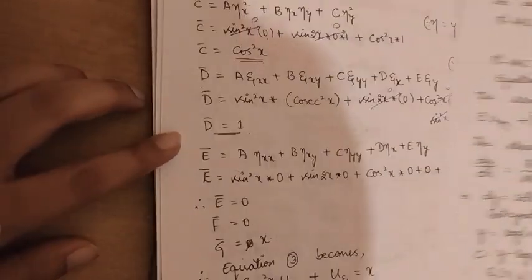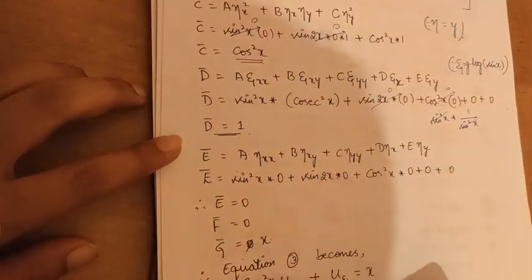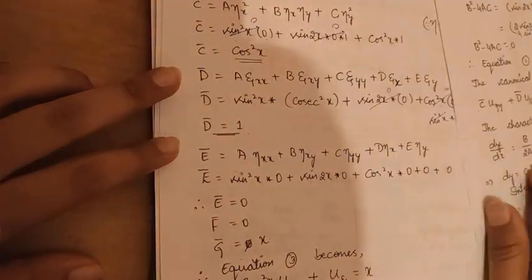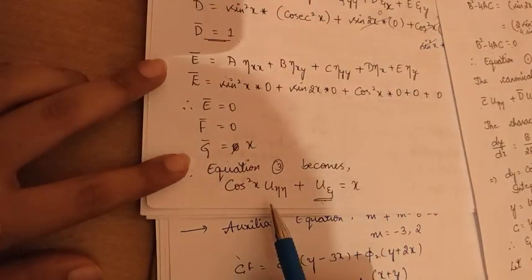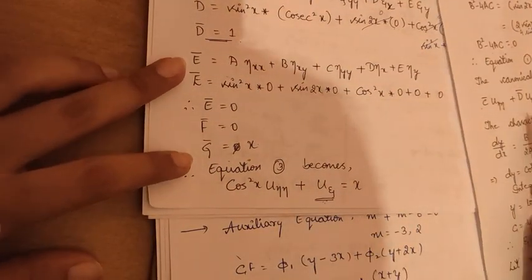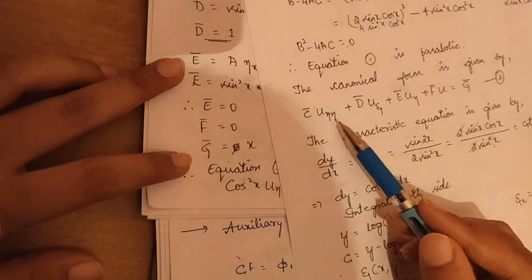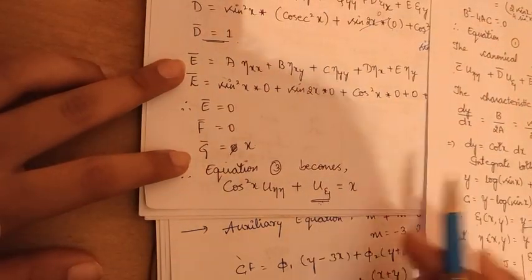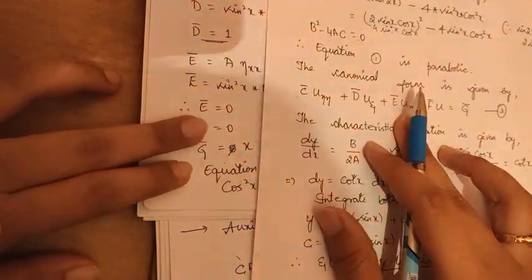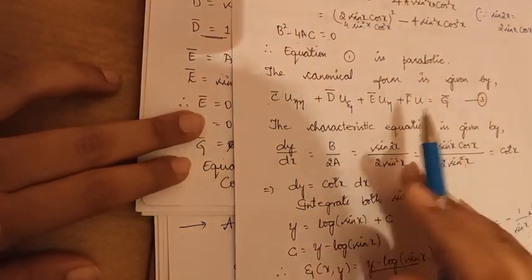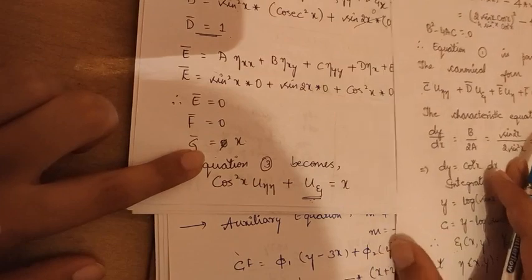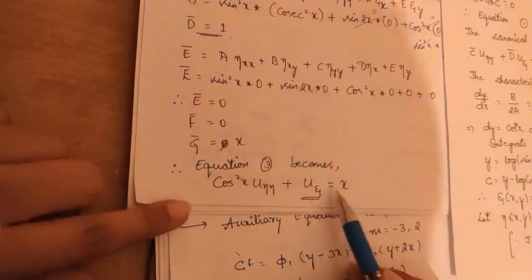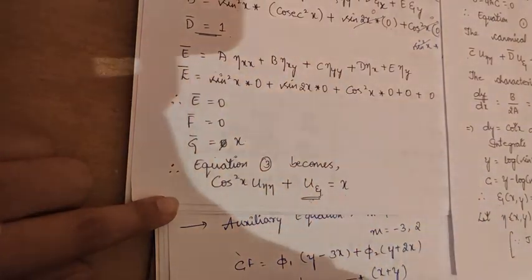So C bar is cos square x into u eta eta plus D bar is 1 into u xi. E bar is 0, F bar is 0, G bar is x. So you will get cos square x u eta eta plus u xi, which is equal to x.